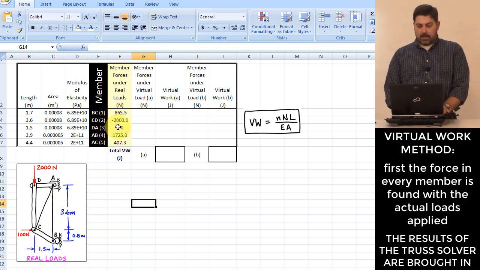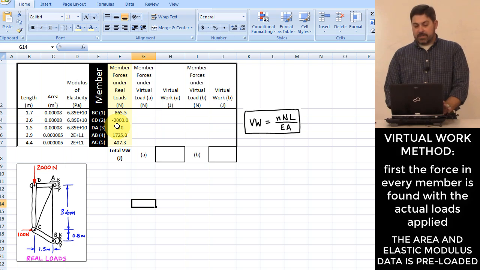I've also preloaded the cross-sectional area for each of the members BC, CD, and DA, which are all 0.00008 square meters, and 0.000005 square meters for the cables. All that's preloaded, as well as the modulus of elasticity values.